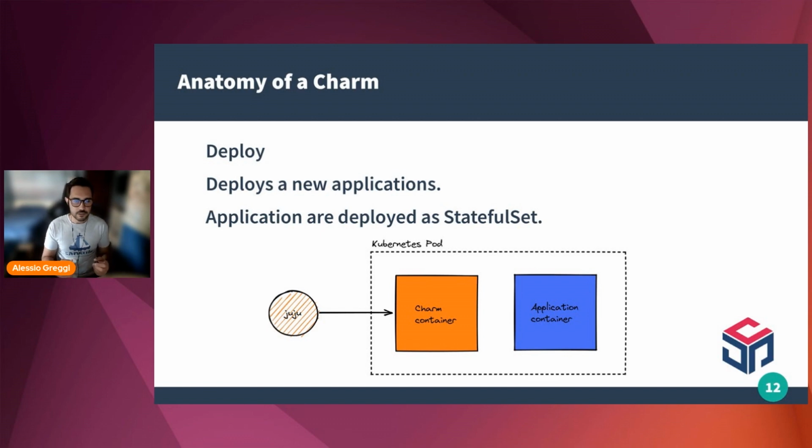So using the Charm container, you will be allowed to manage the application lifecycle, so the installation, the configuration, and managing the events using Juju. So with the Charm container, you have a sort of interface that you can use to interact with the application. The other container instead is, of course, the application container.